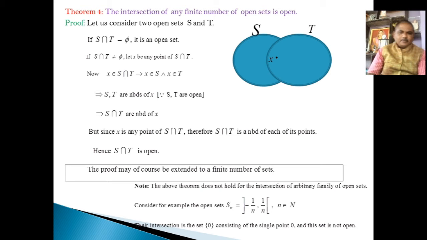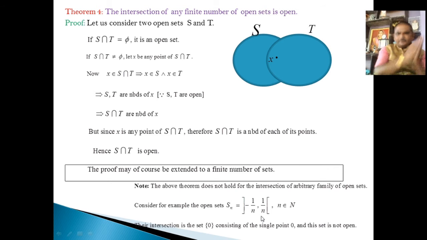Consider one example. The open set Sn is equal to the open interval (-1/n, 1/n), where n belongs to the natural number set, and the intersection of all these open sets is equal to {0}. That is, S1 is the open interval (-1/1, 1/1), S2 is the open interval (-1/2, 1/2), S3 is (-1/3, 1/3).